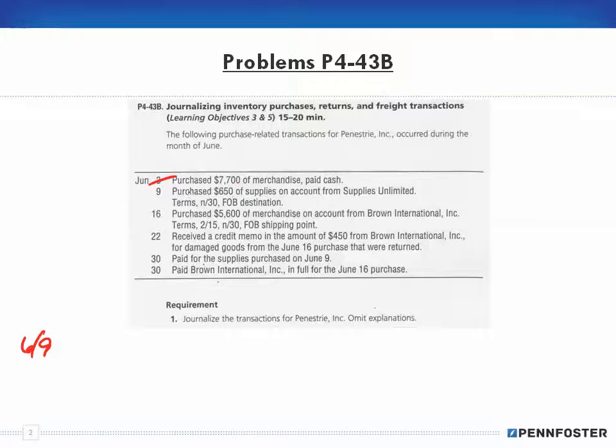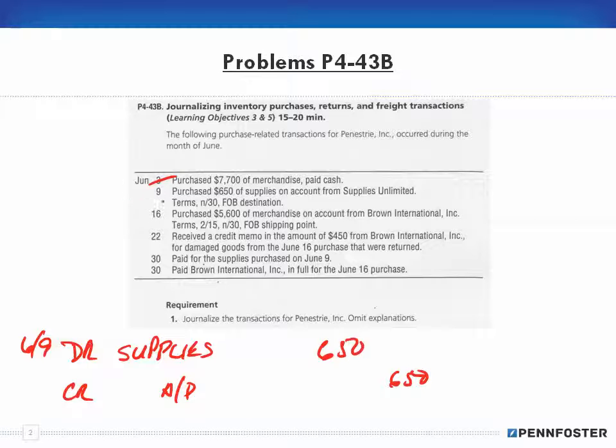I'm purchasing on account, so that's an accounts payable, and I increase my accounts payable on the credit side, so I credit accounts payable for $6,500, and debits have to equal credits, so I debit something else. And what am I buying? Well, I'm purchasing supplies, which is an asset. Right, so I debit supplies for $6,500, and that's that journal entry.